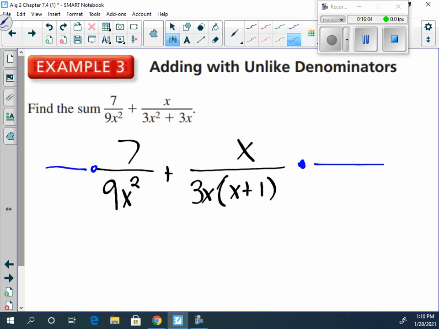Okay, we'll start on the one on the left, the 9x squared. So this is what we have, yes? Well, we need the one on the right to be the same as 9x squared, yes? Well, I have 3x. What do I need to do to 3x to make it the same as 9x squared? Right, because 3x times 3x would give me 9x squared, yes?